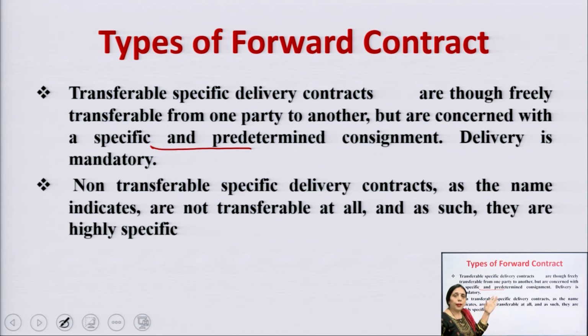And one thing which is very important in these contracts is that delivery is mandatory, it means it is necessary. Next one is the non-transferable specific delivery contract. As the name indicates, these contracts are not transferable at all and as such they are highly specific.